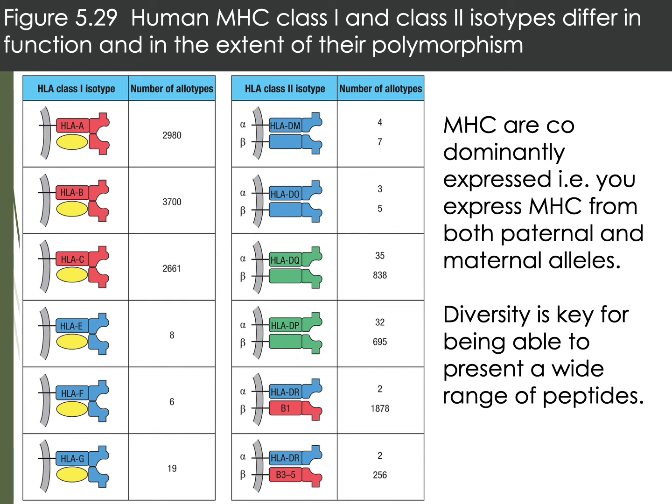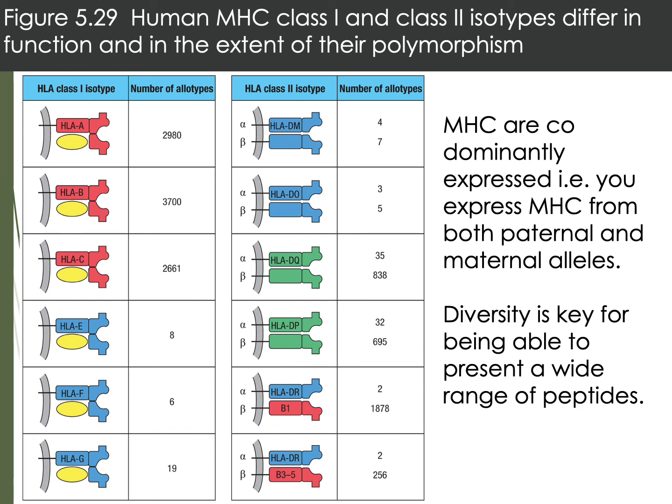And you want MHCs to be able to present as many peptides as possible to allow the T cell to determine, okay, do I have the T cell receptor that recognizes that peptide? So the limiting factor of having a response is really the T cell, not the antigen presenting cell, right? Because they have a wide range of HLAs.